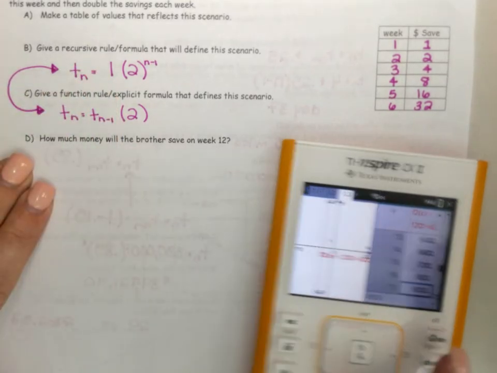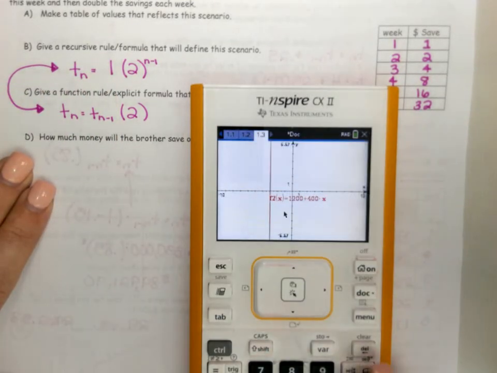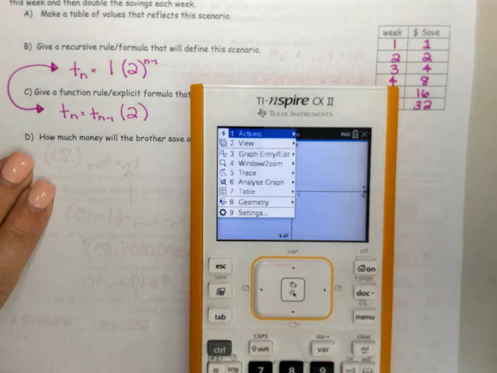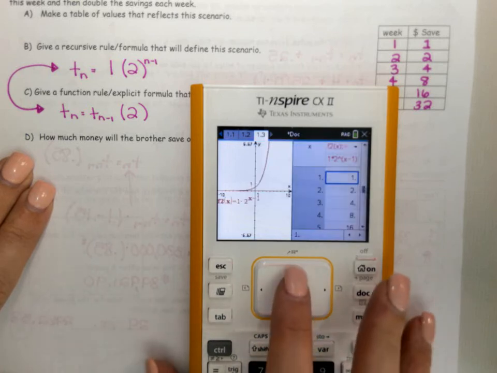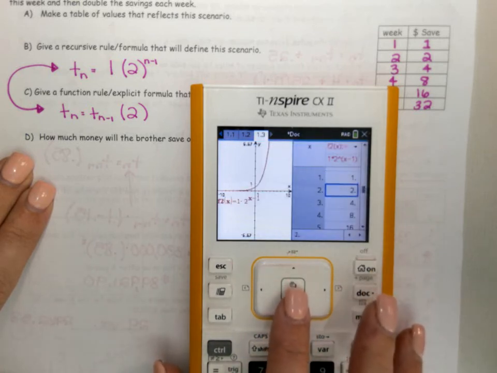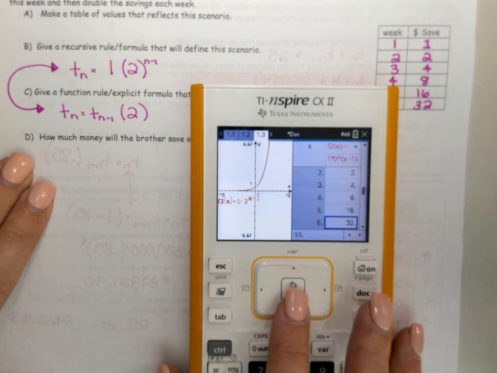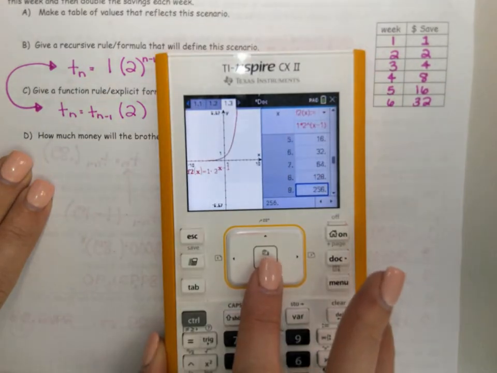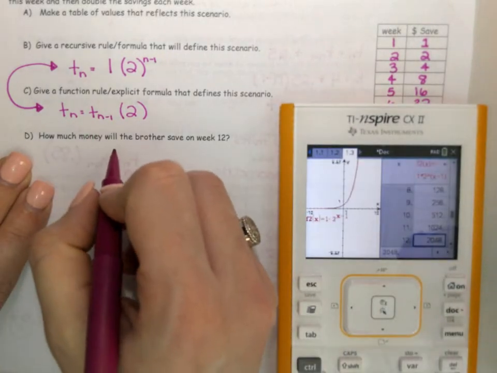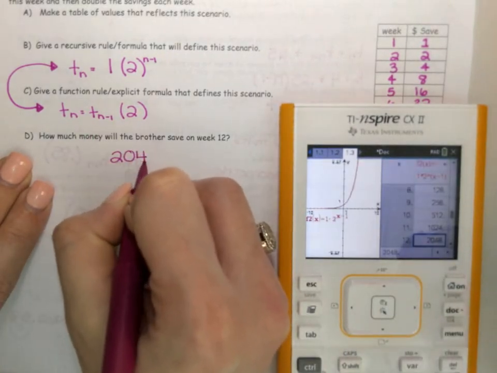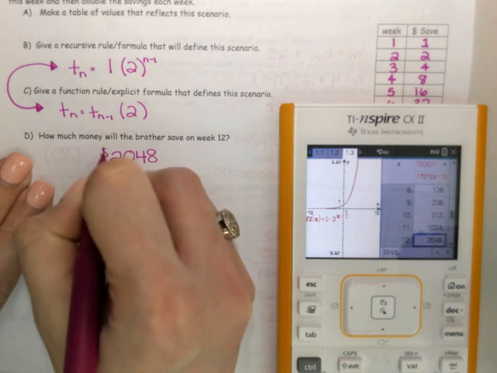Sorry for getting those switched up. Menu 3-1. So he has 1 times 2 to the parentheses x minus 1. Control T. Let's just make sure this table matches. 1, 2, 4, 8, 16, 32. So on week 12, his brother will save $2,048.